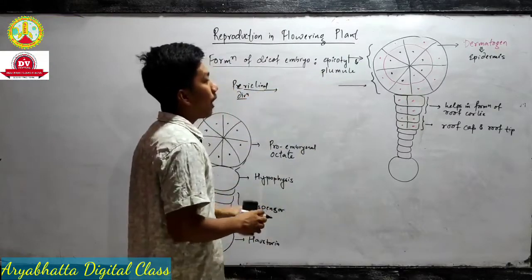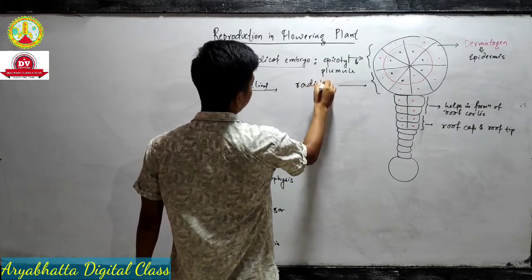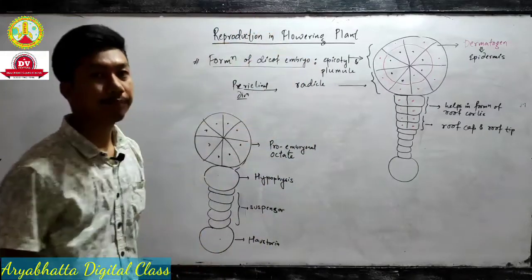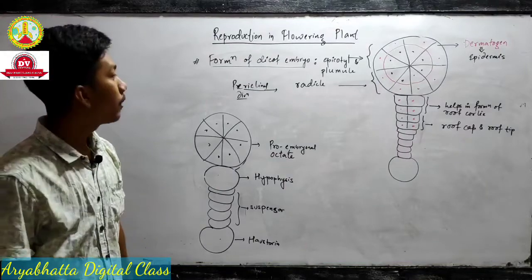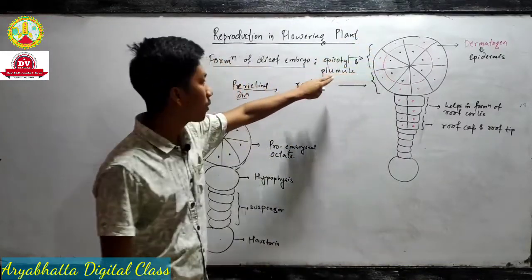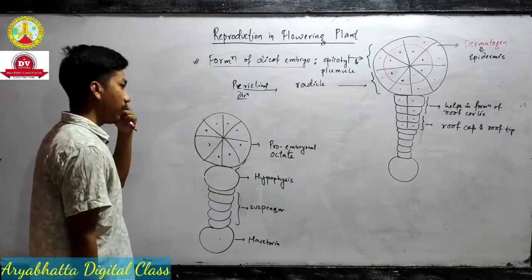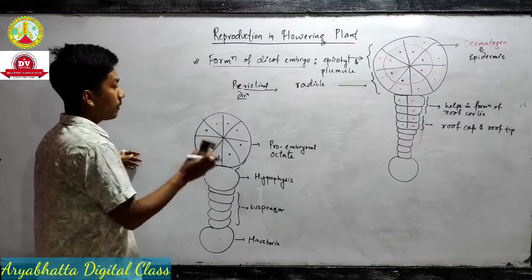The lower half region gives rise into radicle. Okay, the upper half region of pro-embryo gives rise into epicotyl and plumule, and the lower half region gives rise into radicle. Now next, what happened?